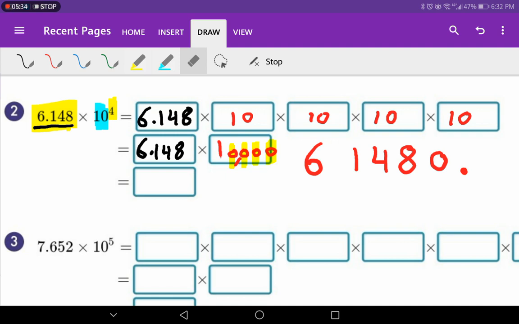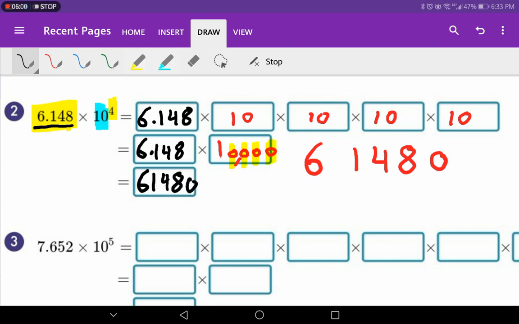See? So the answer is 61,480, and 0. We can write it like this, or we can erase this. So the answer is 61,480.